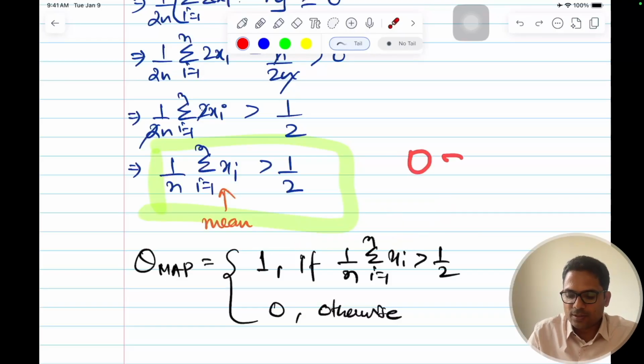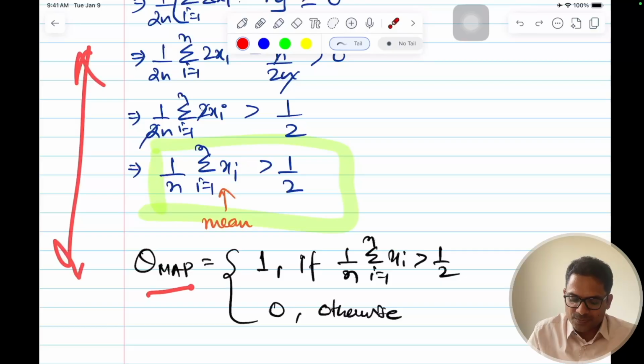That is when our theta is uniform. The assumption is there is equal probability of it being 0 or 1. Okay, so this is the whole maths. I hope this is clear.